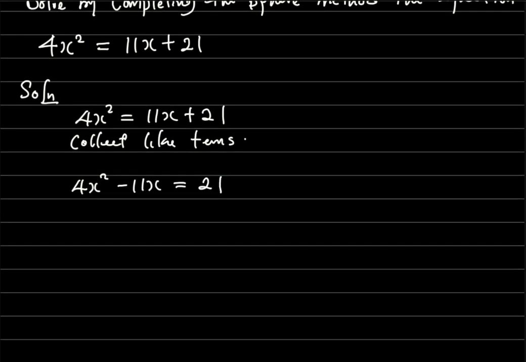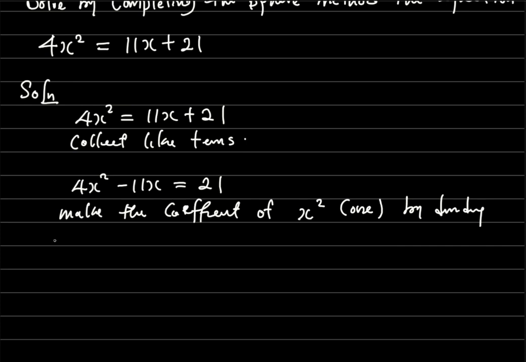The second thing we need to do is to make the coefficient of x squared 1 by dividing through by the coefficient of x squared.